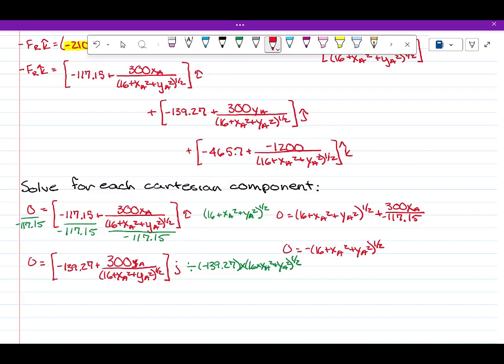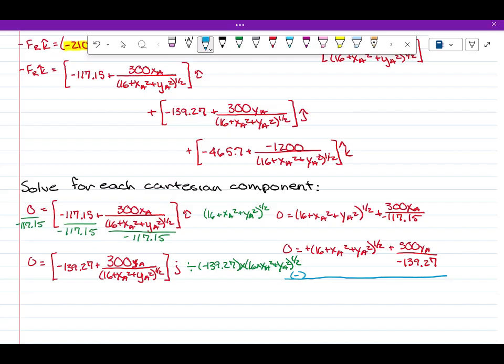That gives us 0 equals 16 plus xa squared plus ya squared to the power of 1/2 plus 300 ya divided by negative 139.27.